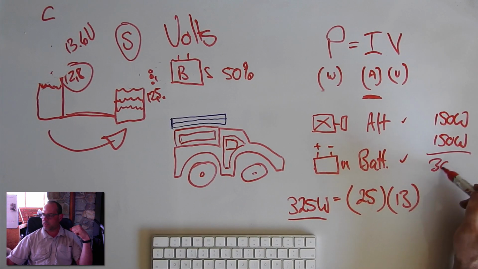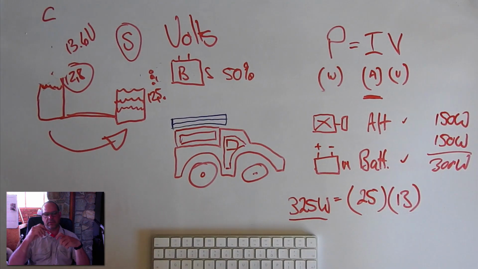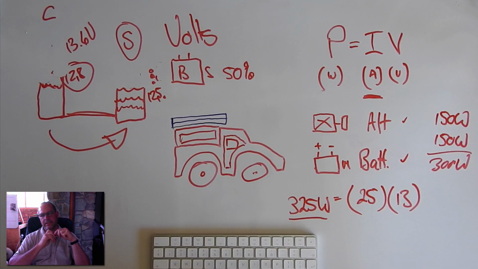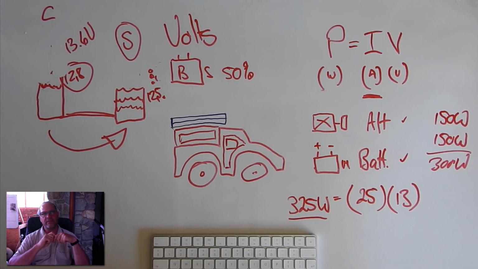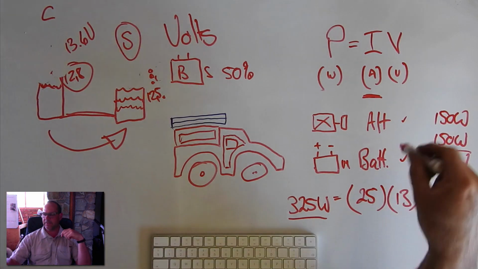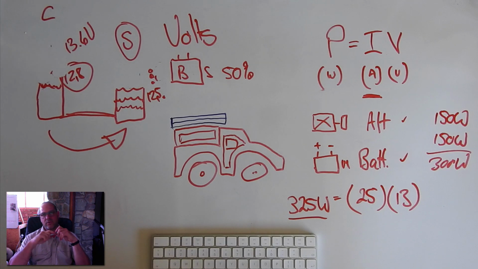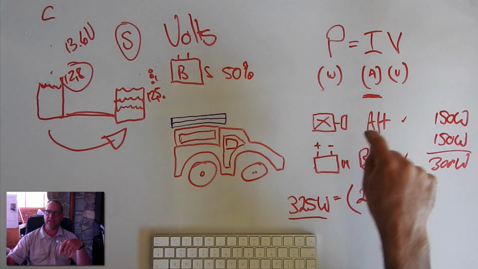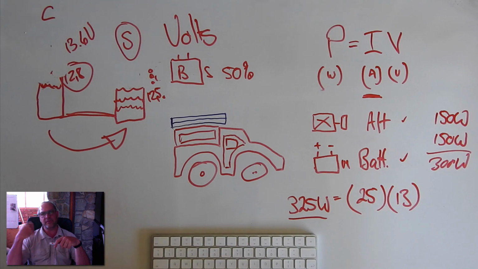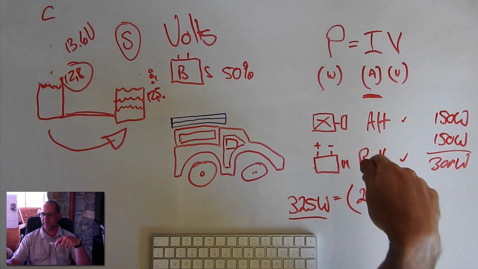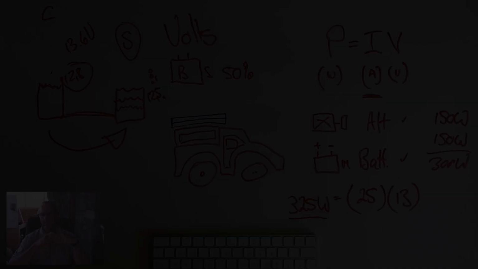So you've only scored 300 watts over the hour that you ran the vehicle. And the alternator did half of the work, and the battery did the other half. So after an hour, if you wanted to start your vehicle, suddenly your main battery doesn't want to start, because your main battery has now been drained. And the alternator did not have enough time to provide the energy to replace what has been moved out.